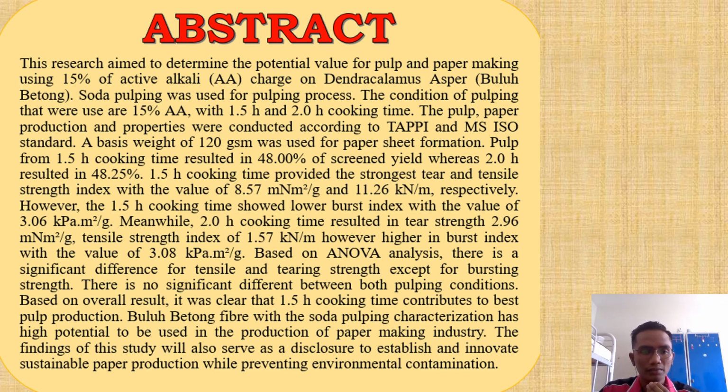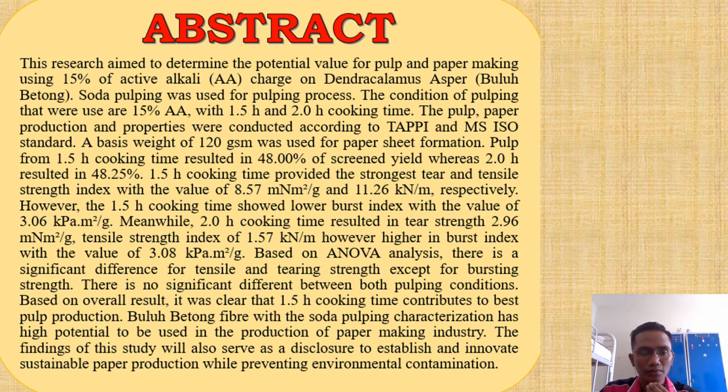However, the 1.5 hour cooking time showed a lower burst index with the value of 3.06. Meanwhile, 2 hour cooking time results in tear strength 2.96, tensile strength index of 1.57, however higher in burst index with the value of 3.08.